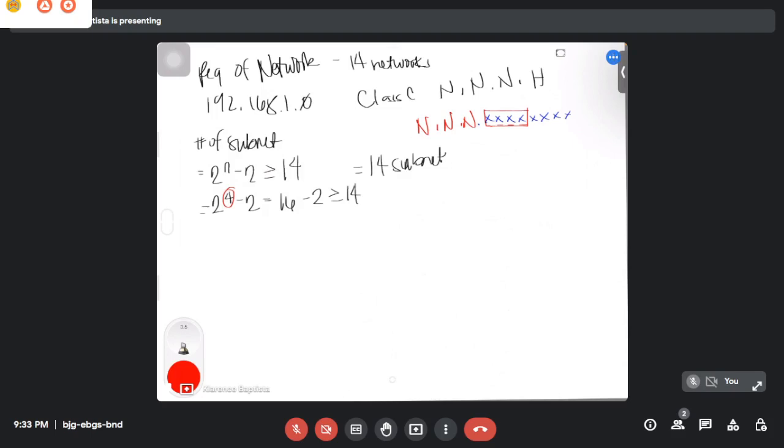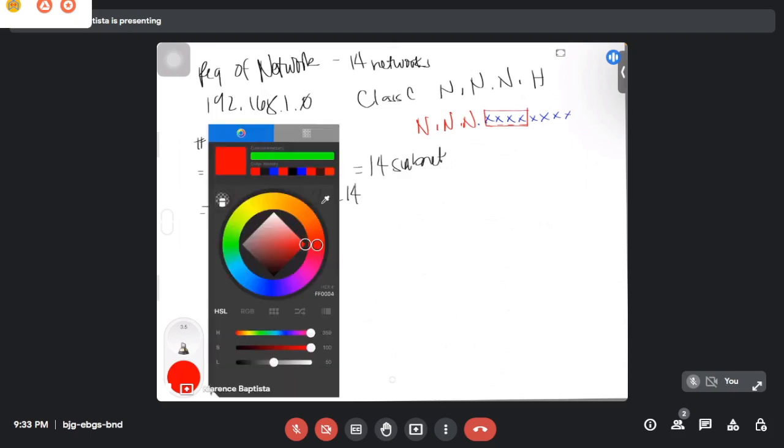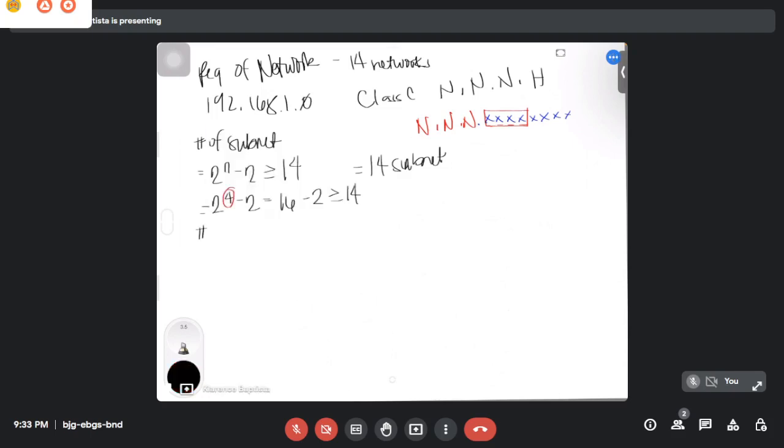Okay? Ngayon, kunin na po natin si number of hosts per network. So number of hosts is 2 raised to h minus 2. Si h ngayon, yung natitira na walang box ng kulay red. Ilan po yun? Bibilang tayo. We have 1, 2, 3, and 4. Apat po.